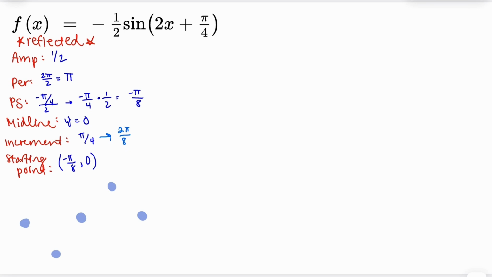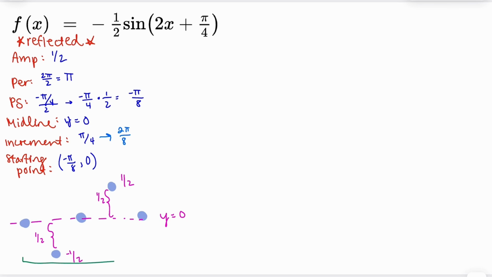Okay. So let's fill in our sketch real quick. We know our midline is y equals 0. Our max is 1/2 and our min is negative 1/2, because this distance here is 1/2 and so is this distance.